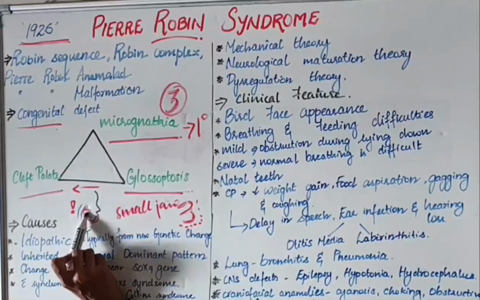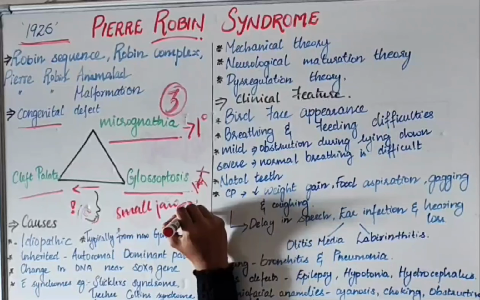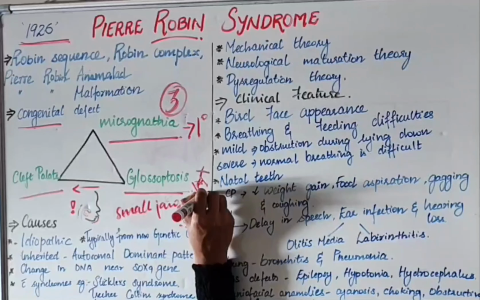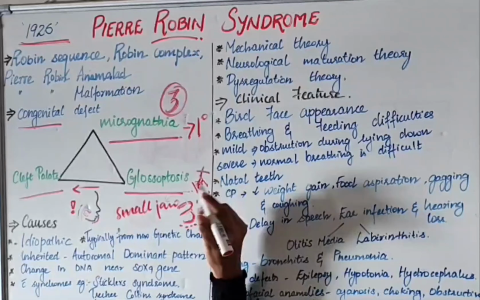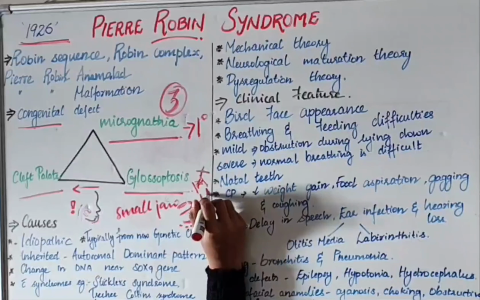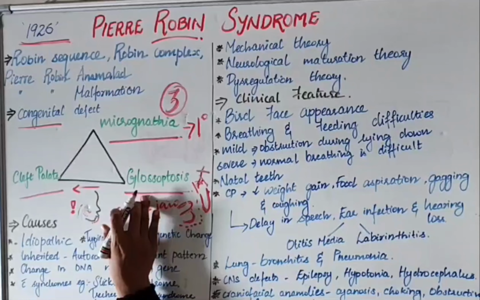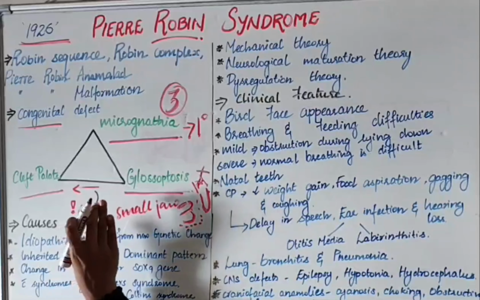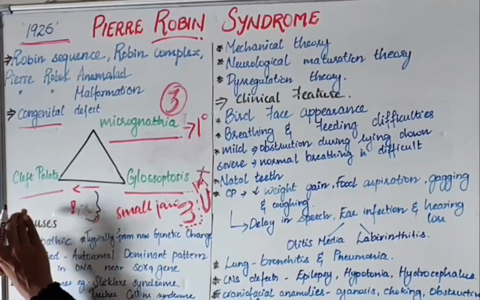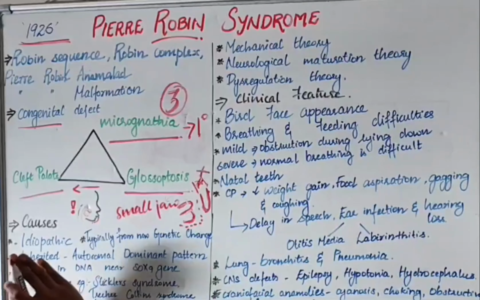When there is no normal descent of the tongue, there will be no closure of the palatine shelves. If there is no closure of the shelves, it will leave a cleft, an opening, which in turn leads to cleft palate. So a small jaw causes the tongue to fall backwards towards the throat area, causing glossoptosis, and in turn cleft palate.